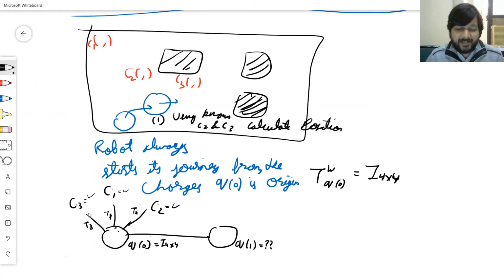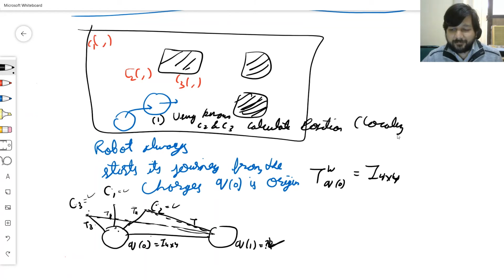But what I say is C2 was known. So I know this transformation, exactly where did I observe it? C2 and C3. So I know C2, I know C3, I know these 2 transformations. So I calculate my position based on this, which is a localization problem. So I solve the localization problem.